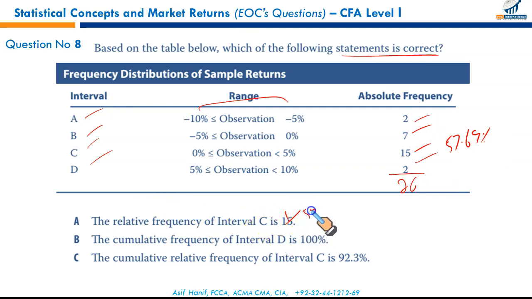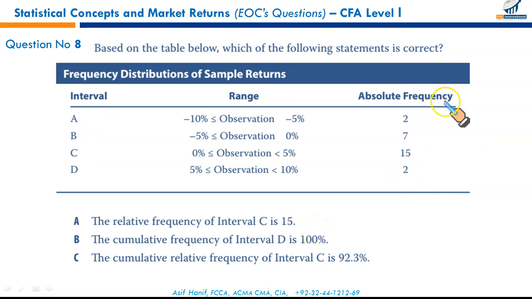No, it is 57.69%. The cumulative frequency of interval D is 100%. We have to construct the cumulative frequency, starting with 2, 2 plus 7 is 9, 9 plus 15 is 24, and plus 2 is 26. This is your cumulative frequency.